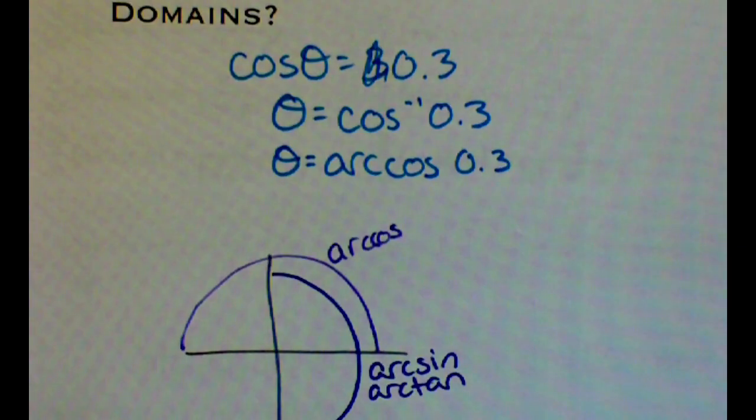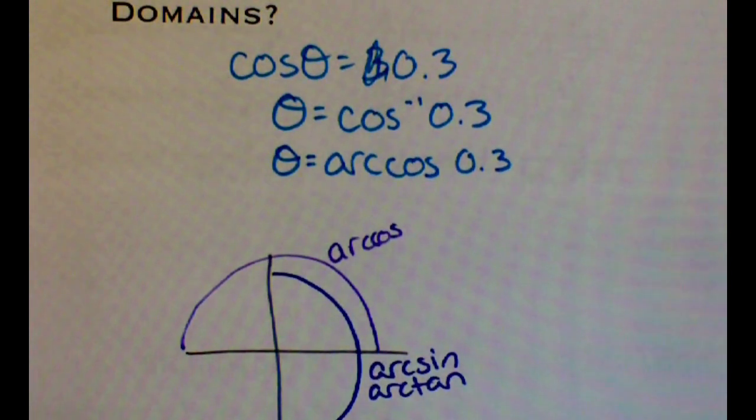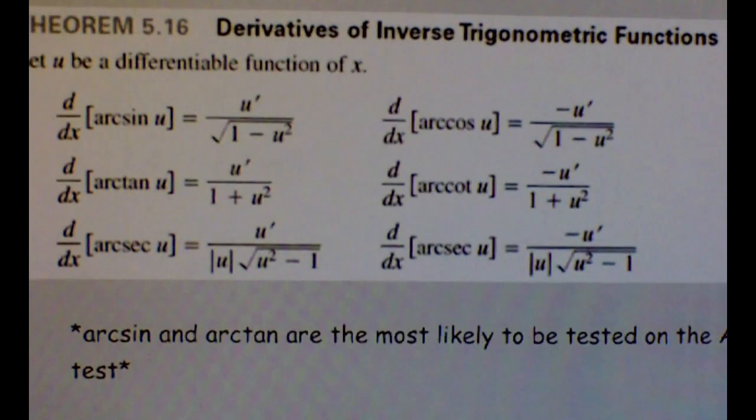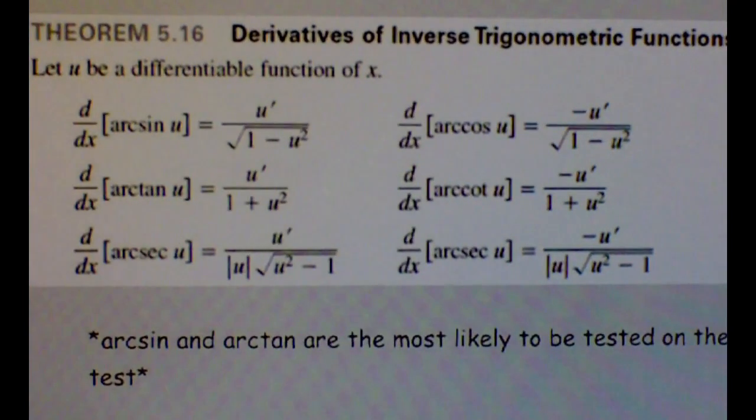And then secant, cosecant, cotangent go right along with those, except that they have values that they're not defined in. The derivatives of the trig functions, here they all are. Arcsine and arctangent are the most likely to be tested on the AP test, so we will probably just focus on those, but this is all of those properties.